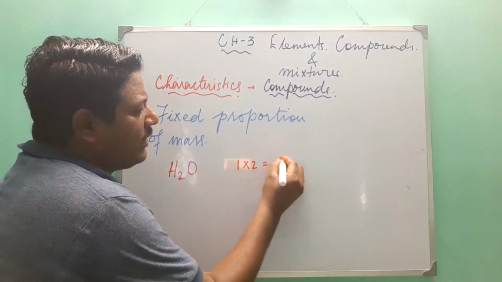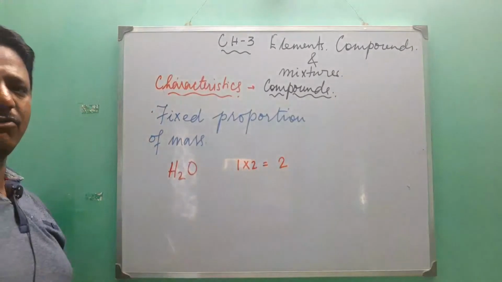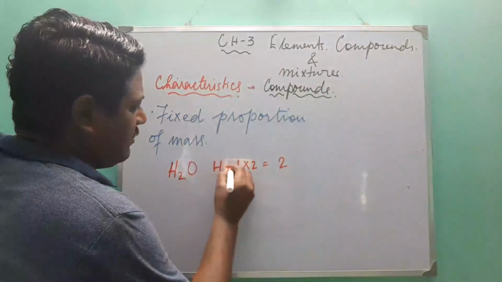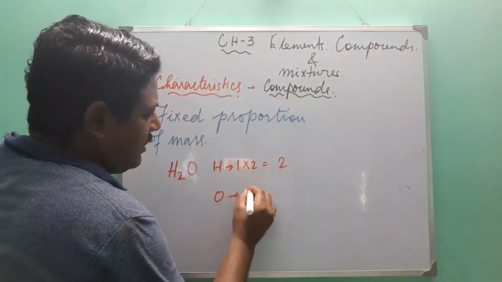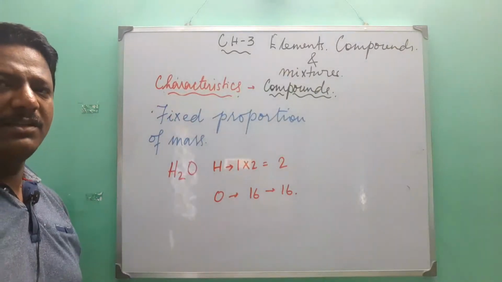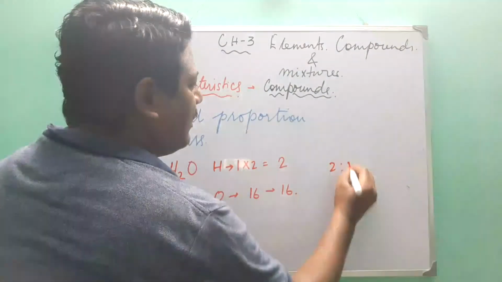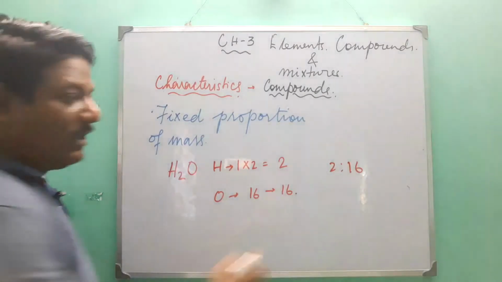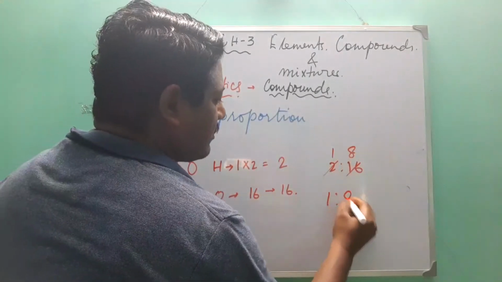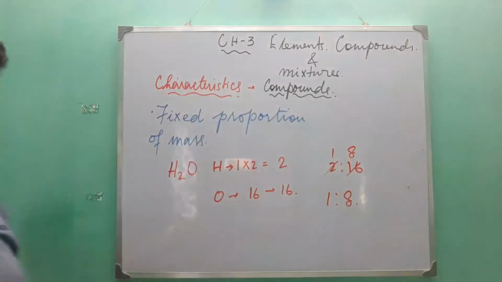By weight, 2 parts of hydrogen combine with 16 parts of oxygen. So we can write it in the simple ratio, 1:8.